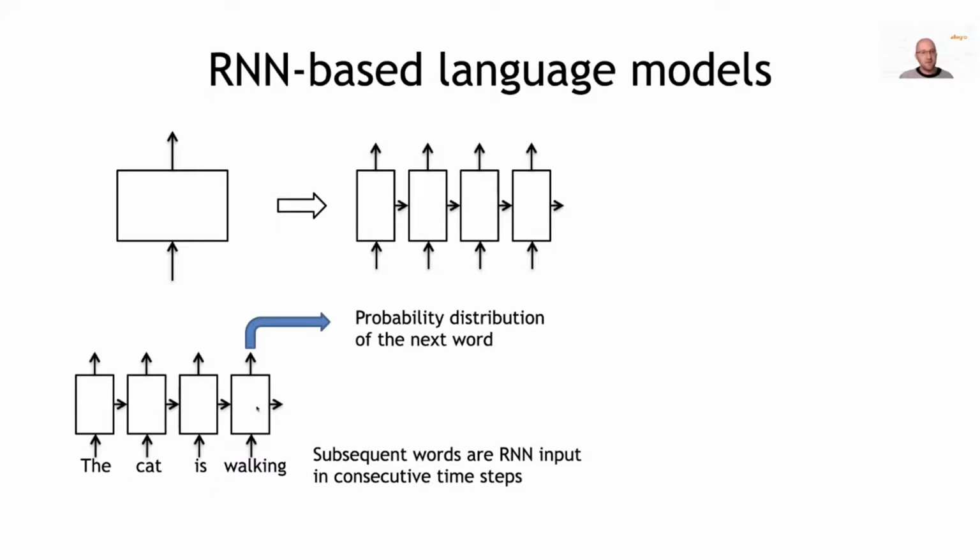And then after each time step, you get a probability distribution of the next word. So this is what I think is probably the most typical language model used in modern smartphone keyboards. It's probably some LSTM or GRU recurrent network using words as units.